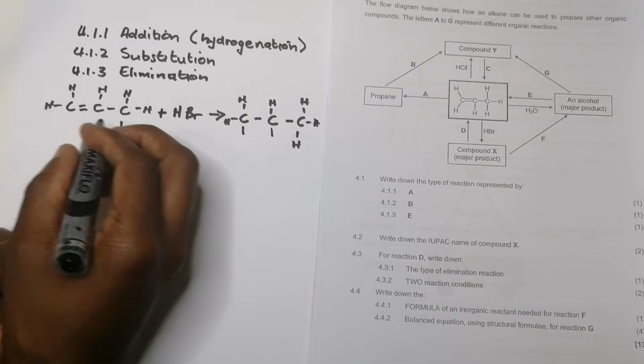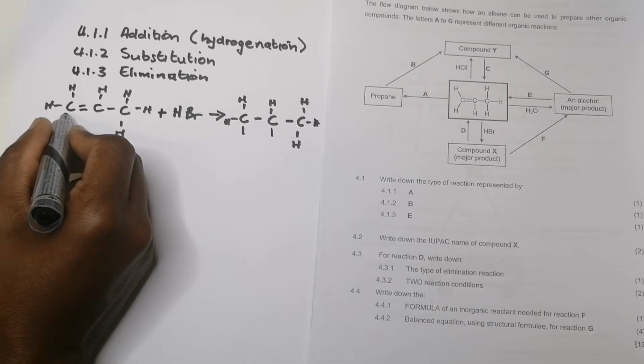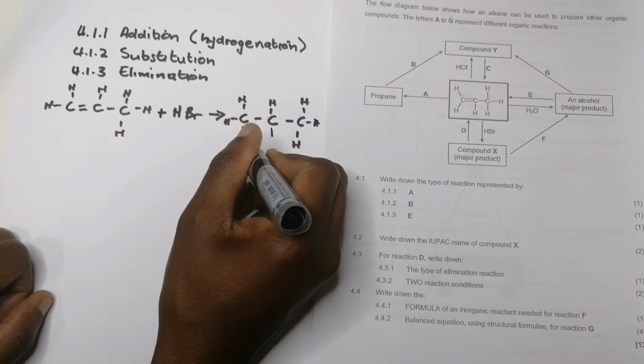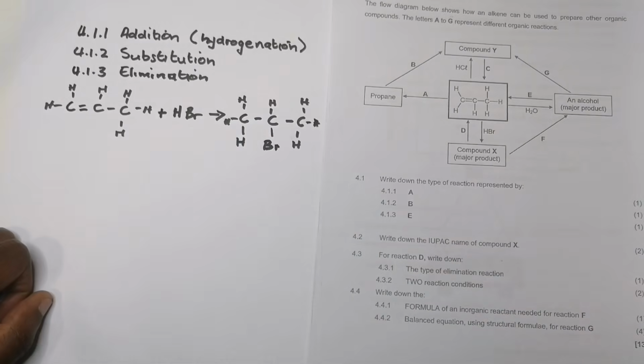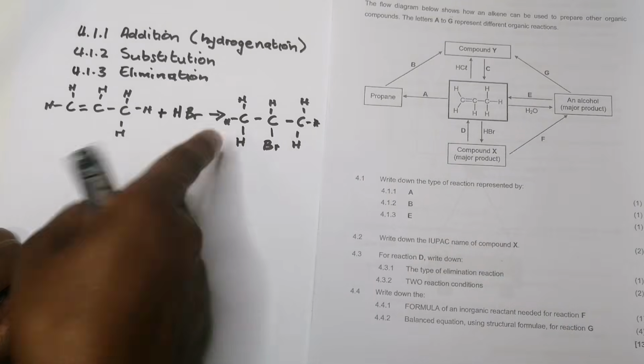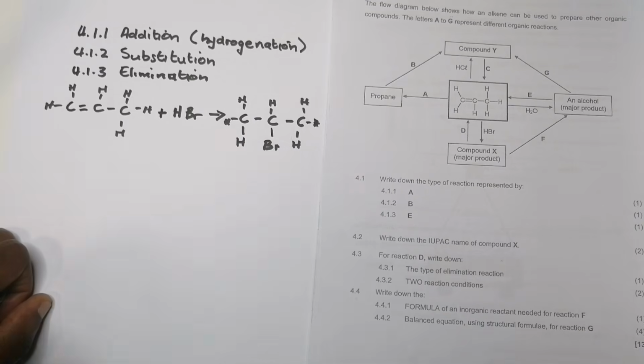So the hydrogen goes to the carbon with the most hydrogens, and you would end up with something like this. This would be compound X, 2-bromopropane. That is the major product. Of course, the minor product would be the other way around, with the bromide there, so it would be 1-bromopropane.